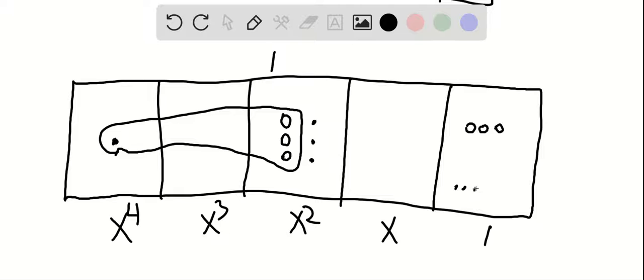Okay, but then I have another dot. I want 3 anti-dots to go with it, so I better add in 3 dots as well. So I really didn't do anything, and this box is still really empty. But then I have another dot. I want 3 anti-dots to go with it, but to counteract that, I'll have to add in 3 dots as well. So I added in a total of 9 anti-dots and 9 dots, and I really didn't do anything.